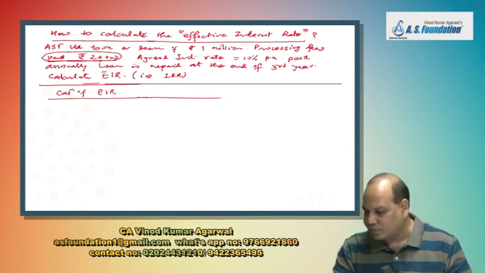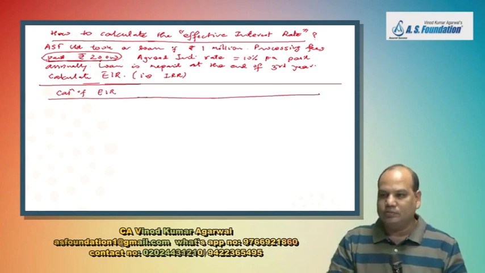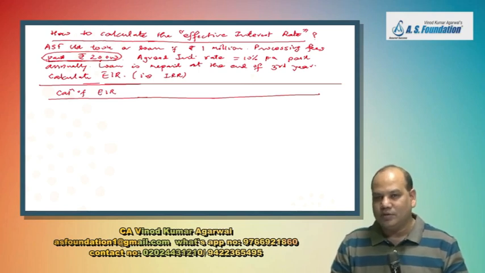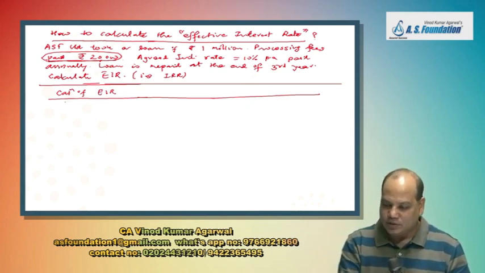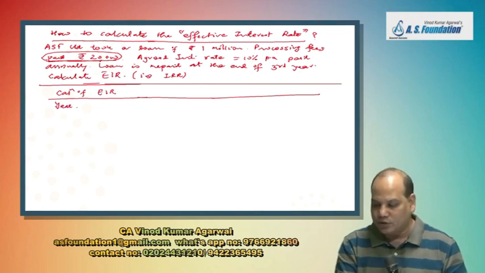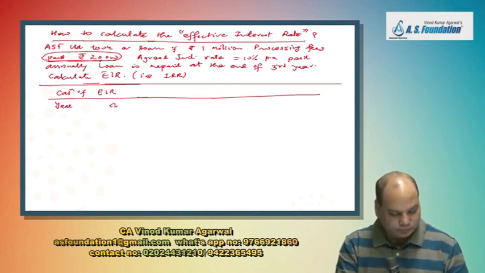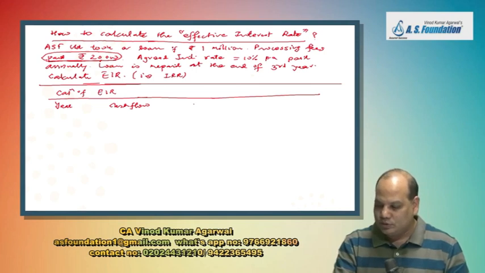So remember those happy days of financial management, when your teacher used to give you many examples on effective interest rate. So first we will make a list of cash flows, inflows and outflows, by year. Then we will assume a discount rate at which PV of cash inflow will be equal to present value of cash outflow.